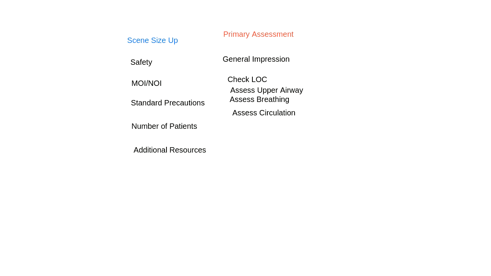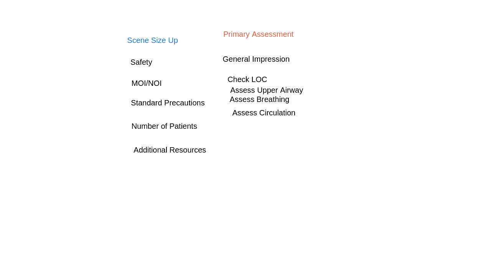So that scene size up and primary for a patient that's responsive with good chest rise. Was it difficult or was it manageable? Ms. Nesbitt. It was a bit challenging for me because it's the first time and I didn't know about the GCS because it was not in the textbook.